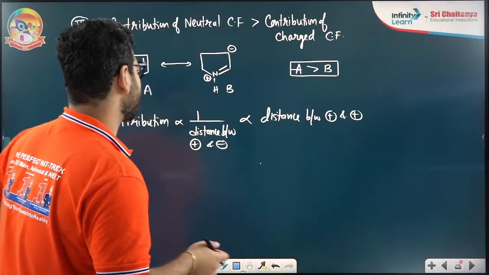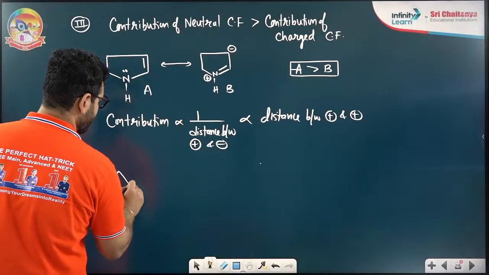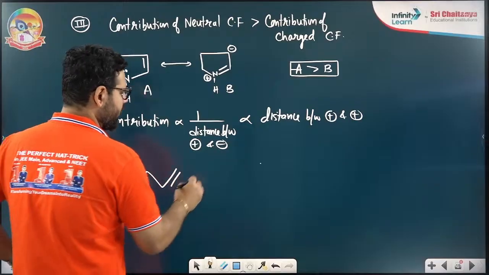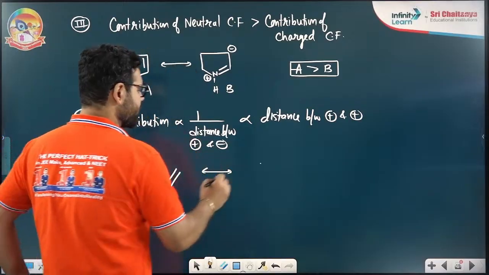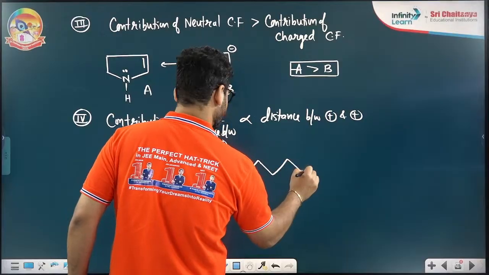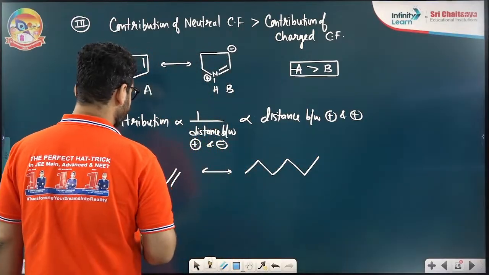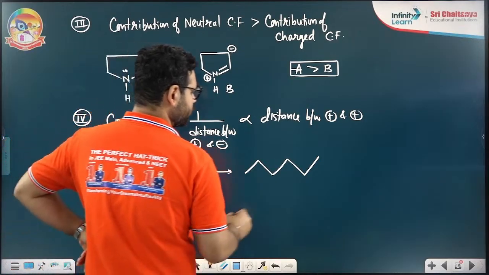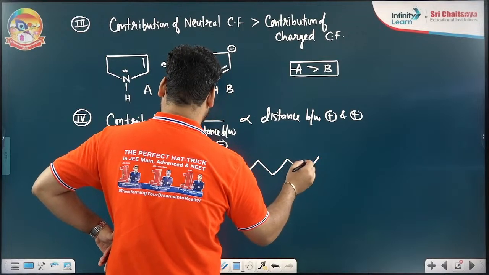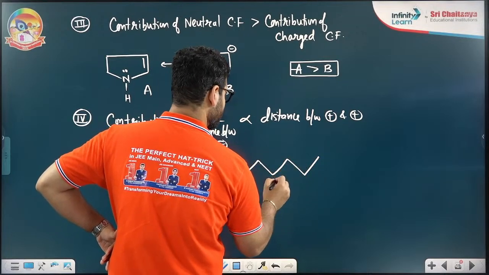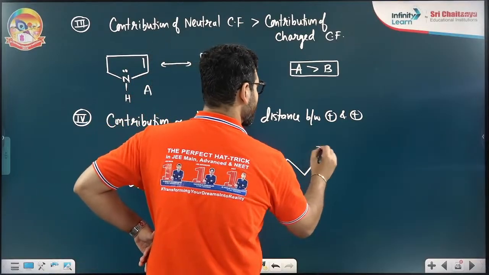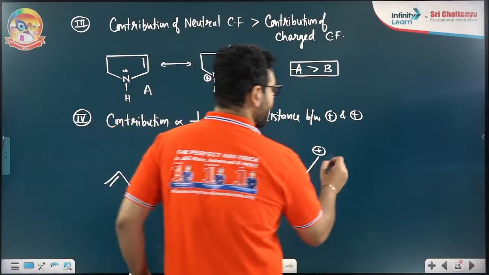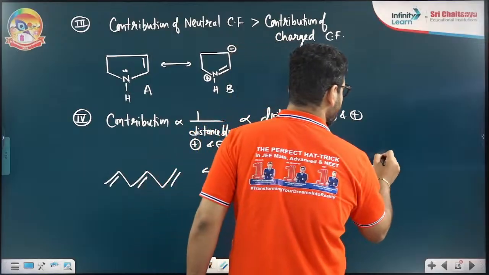Okay, you can see the example here. For example, if I give you, okay, this is one canonical form number 1. Second canonical form I'm drawing like this. Okay, second one I'm drawing like this, and third one I am drawing like this.